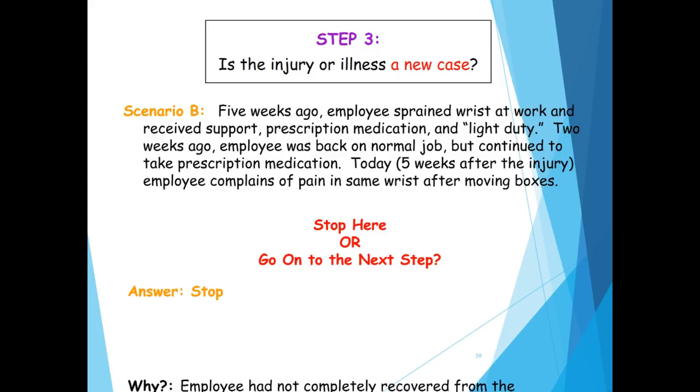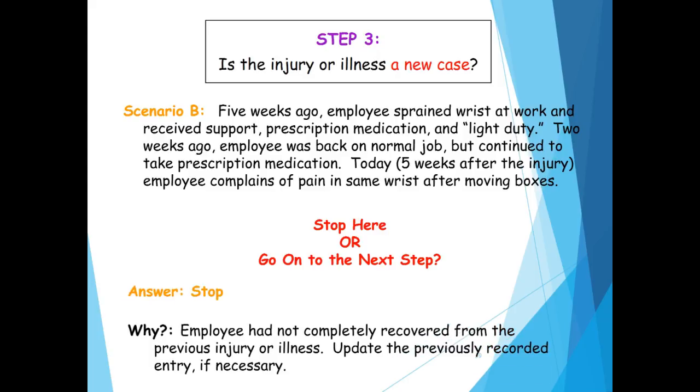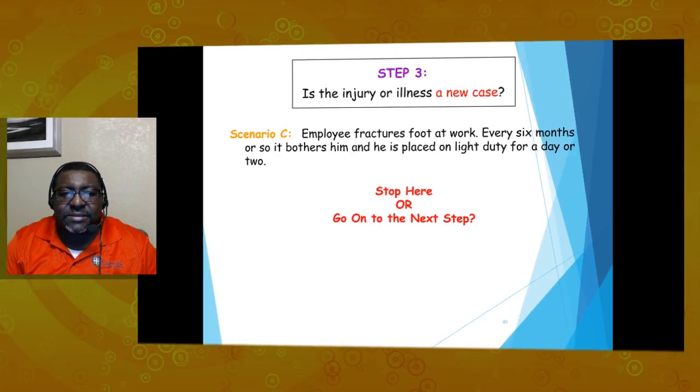If they're taking prescription medication, that means they probably have not been released by the doctor. So that would be an update on your 300 log if they miss more days or something of that effect. So it's an existing case.